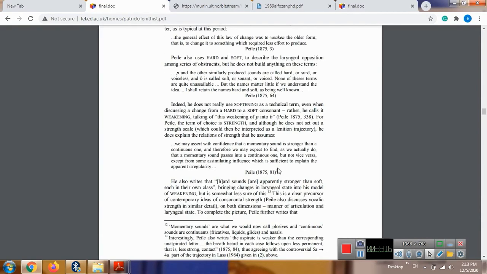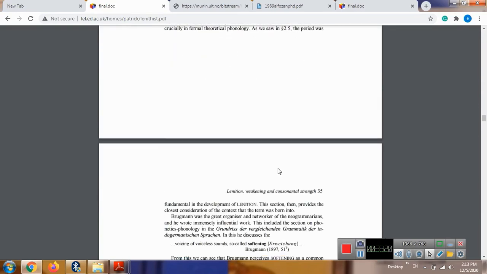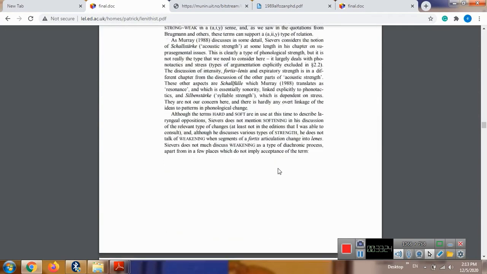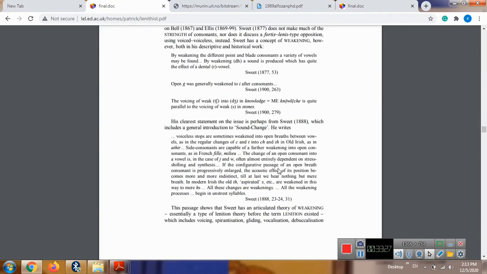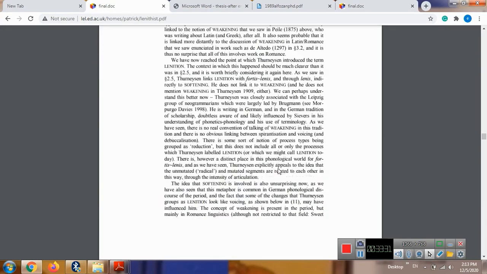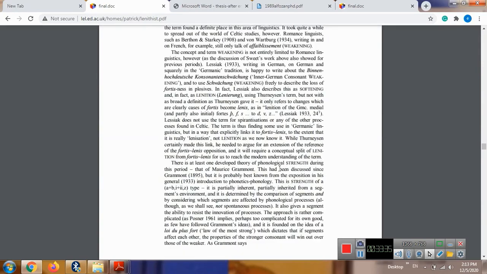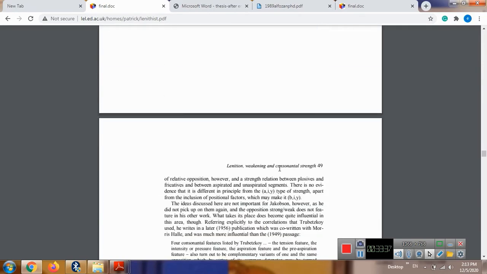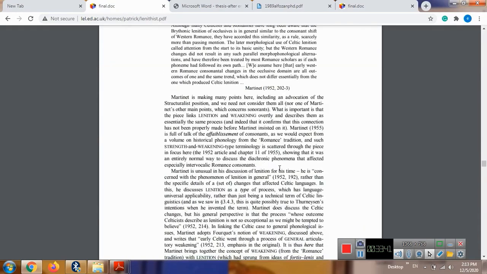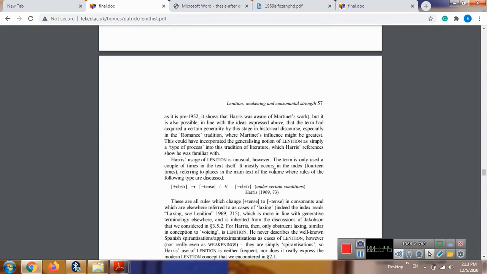I want to show you the example. It just explains these processes.